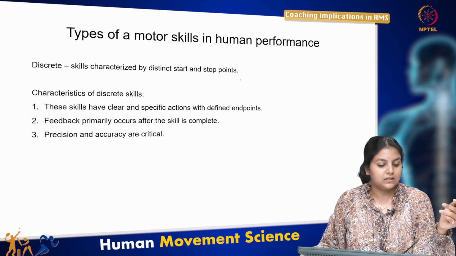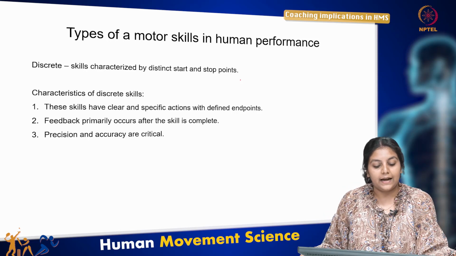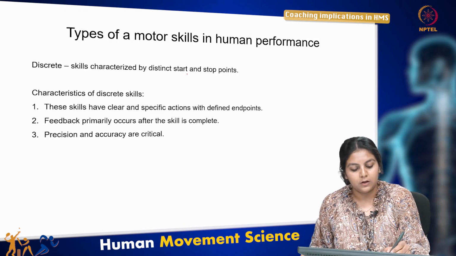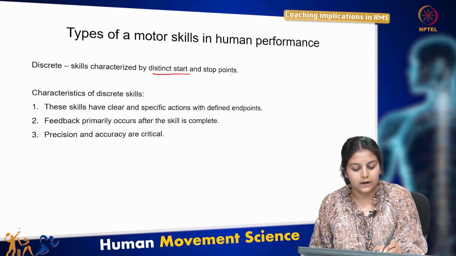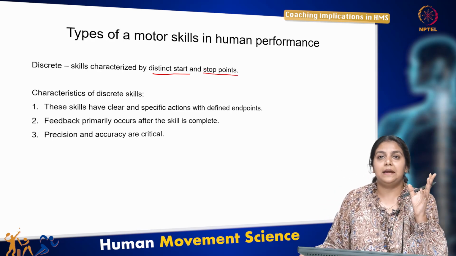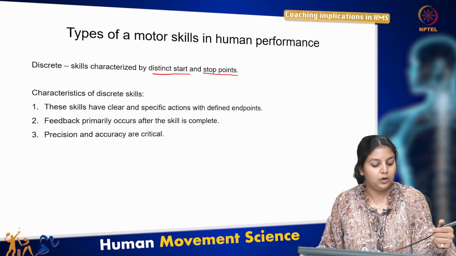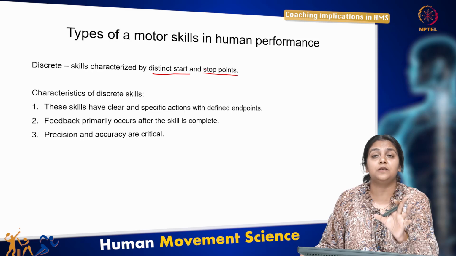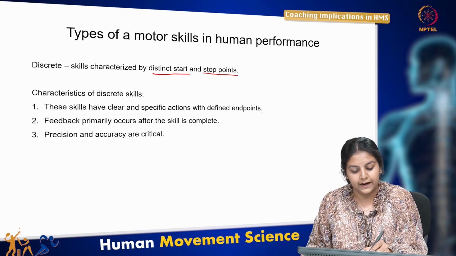So let's start with discrete skills. Discrete skills are characterized by a distinct start and stop point. What are some of the other characteristics of these skills? Let's have a look at them. These skills have clear and specific actions with defined endpoints.